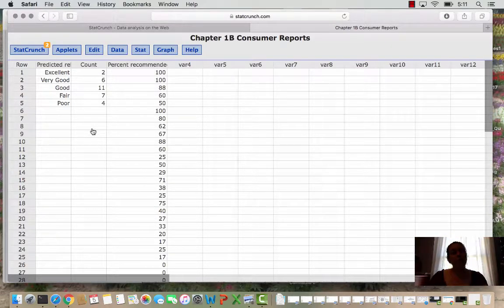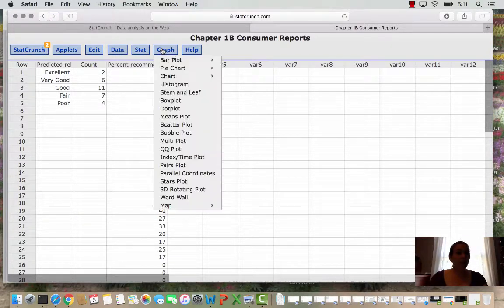When we're entering the data like this, we say this is a summary, because I didn't enter every single car and its rating. I just entered the summary data. So when I make my graph, we go to graph, pie chart, and then choose with summary. If I had entered every row in the table, then I would have used with data and had it pull the data from the table.